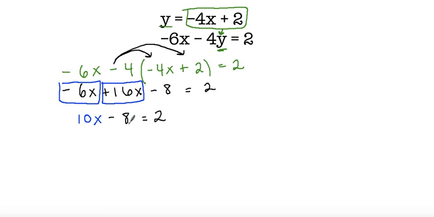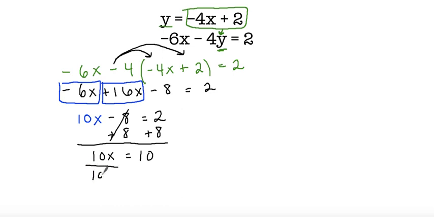So now that we have all of our variables on the left side, let's try to move our constants to the opposite side. If we add 8 on both sides, we end up with 10x is equal to 10. And in order to get x by itself, we have to divide both sides of the equation by 10. So x is equal to 1.